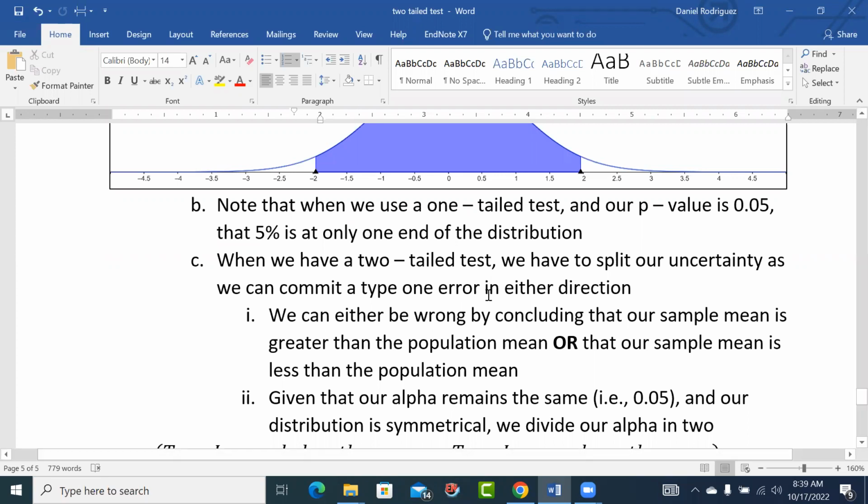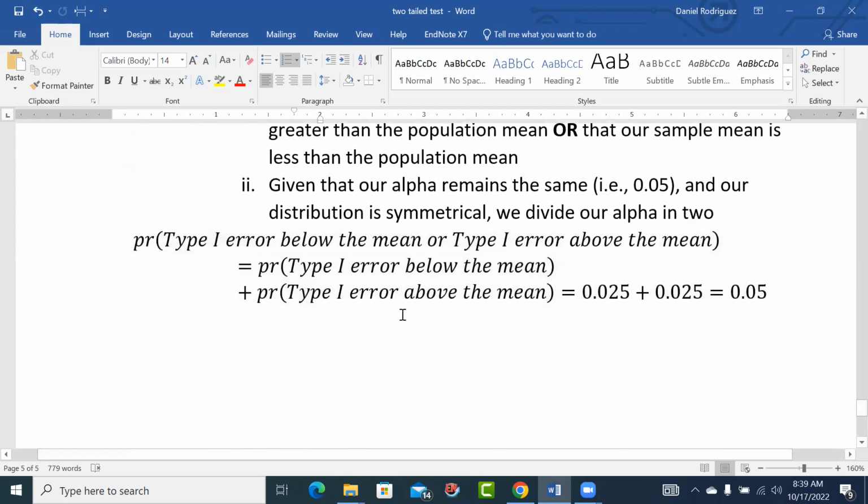So that's the important thing here. You can commit a type 1 error in either direction. So I could have a false positive result by saying that my sample mean is lower than, or below, the population mean, or I can commit a type 1 error by saying my sample mean is greater than the population mean. So I can do it in either of those two directions.